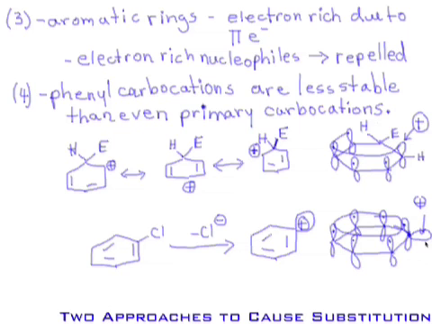The other alternative is to overpower the repulsion in the ring by hitting it with extremely powerful nucleophiles under very harsh conditions. We're going to examine both conditions and both situations and take a look at how the reaction proceeds.